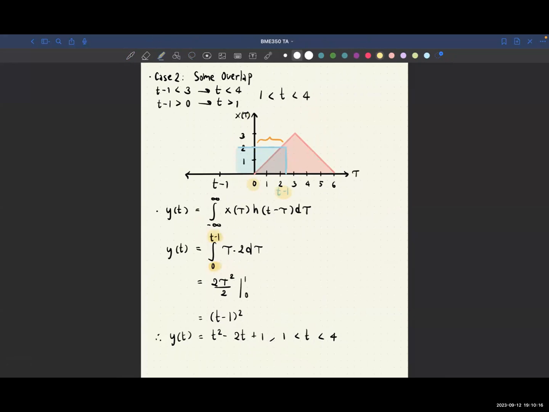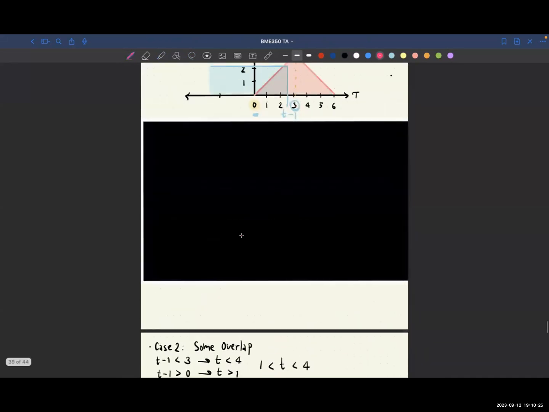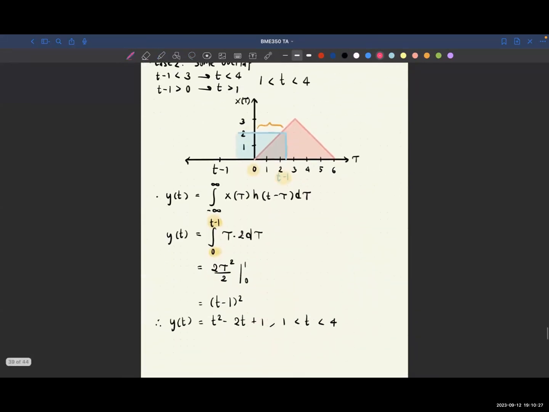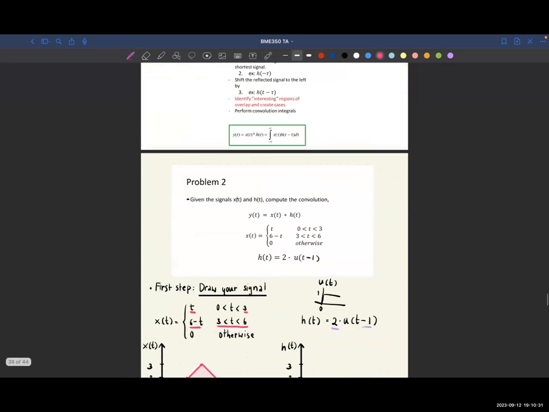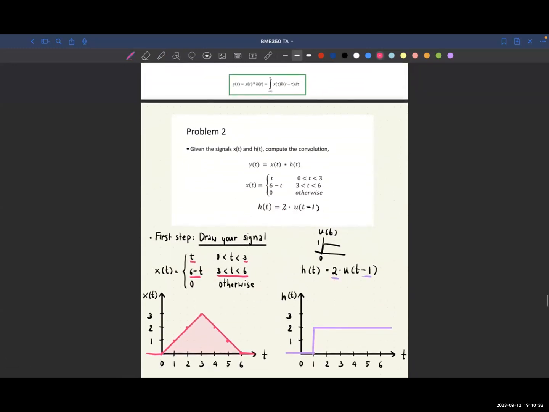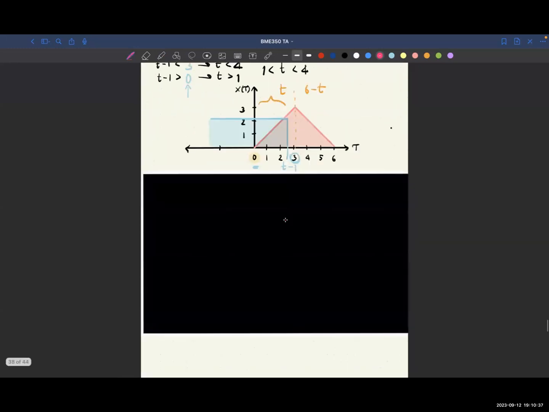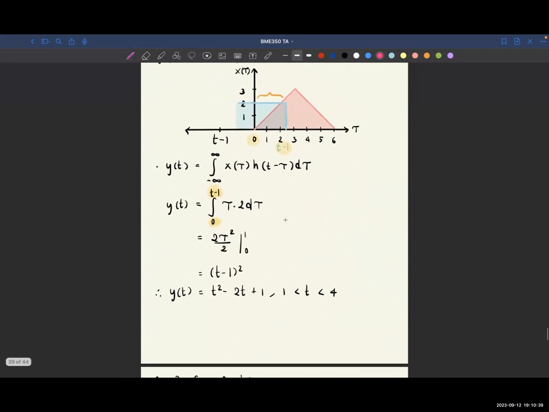And remember, x of tau is tau, and h of t is going to be 2 dt, right?